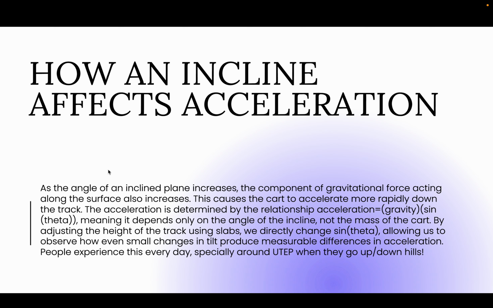The acceleration is determined by the relationship a = g sin θ, meaning it depends only on the angle of the incline, not the mass of the car. By adjusting the height of the track using slabs, we directly change sin θ, allowing the observer to see how even small changes in tilt produce measurable differences in acceleration. People experience this every day, especially around UTEP when they go up.